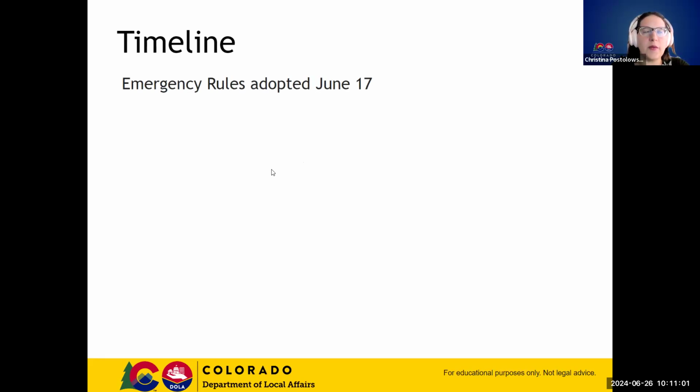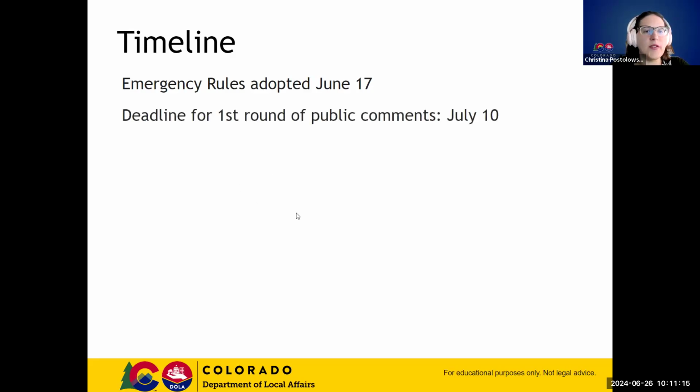So we did adopt some emergency rules on June 17th to address items in our regulations that were in direct conflict with state statute now. For anyone who wants to view the emergency rules, they're not final yet. They're waiting an opinion from the Attorney General's office, but a copy of them went out in our last newsletter.